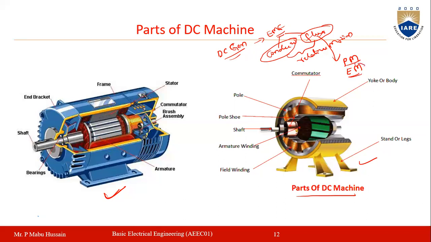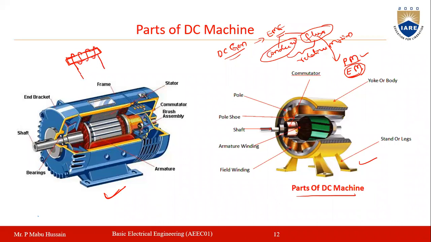So what do you mean by an electromagnet? You already know about the permanent magnet, right? So how can you make an electromagnet? For that purpose, you take one ferromagnetic material, let us take steel, a steel core, on which you wind the wires like this.